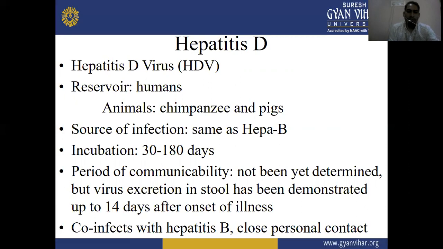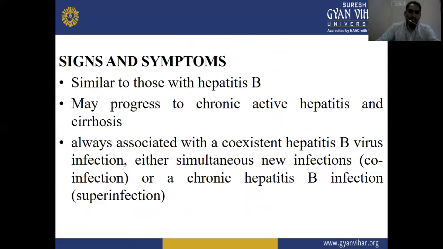Next one is co-infection with hepatitis B and close personal contacts. Next one is the signs and symptoms of hepatitis D, similar to those of hepatitis B, and it may progress to chronic active hepatitis and cirrhosis.